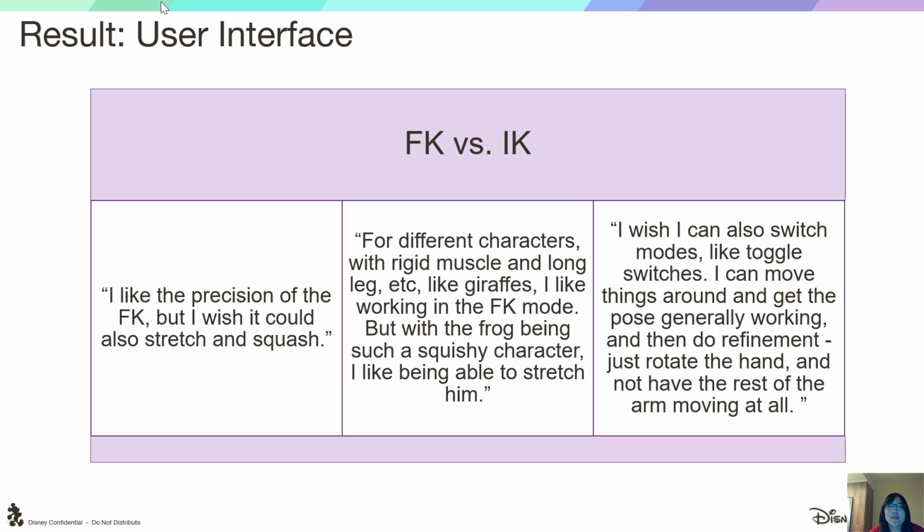One person would like to do inverse kinematics first, then adjust a little using forward kinematics. Another comment was that it would be great if, in one system, they could just press a button to toggle between inverse and forward kinematics. That would be more compact and more straightforward.